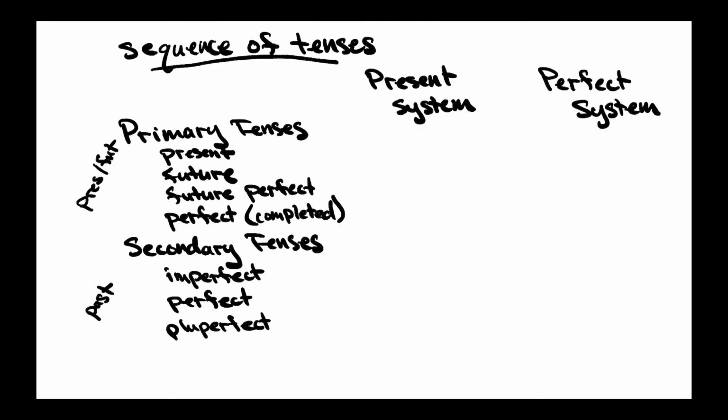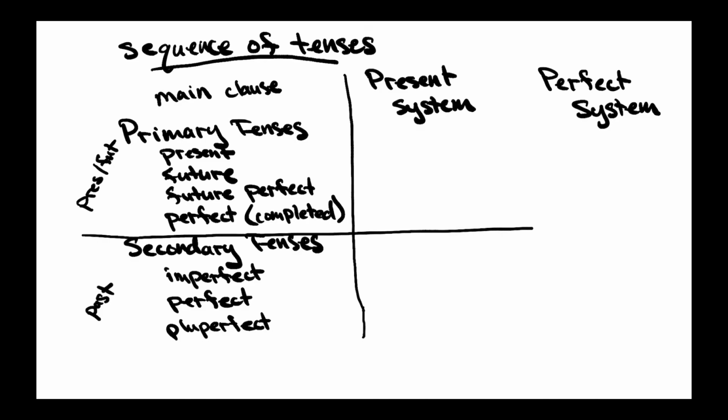Okay, now, if you have an indicative verb in the main clause that's a primary tense, and you want to show that the subordinate clause is happening at the same time or later on, then you have to use a present subjunctive.